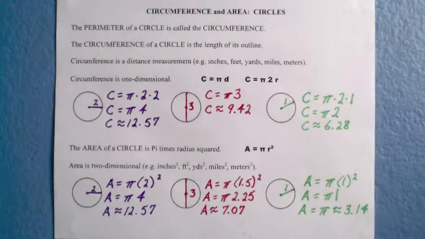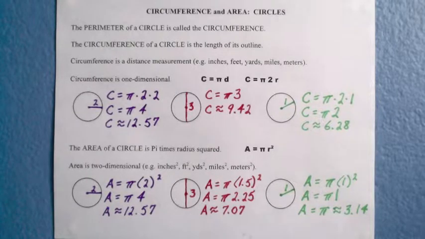C divided by d equals 3.14. So the longest distance, the circumference, goes in the numerator, and the shortest distance, the distance across a circle through the center, the diameter, goes in the denominator.